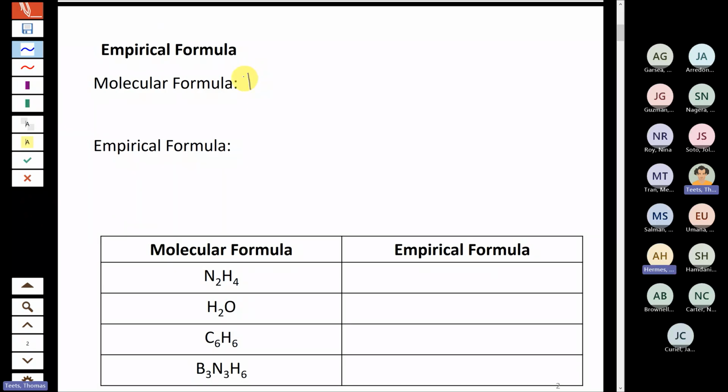So in a covalent compound, the molecular formula is the total number of each atom in a molecule of the compound. And that's how we would typically report the formula for covalent species.